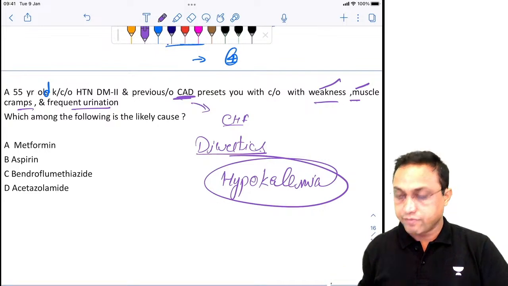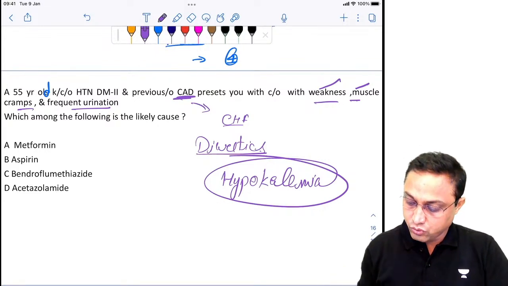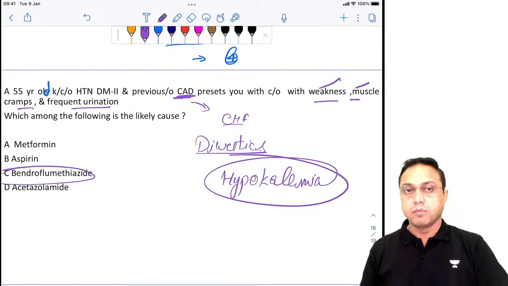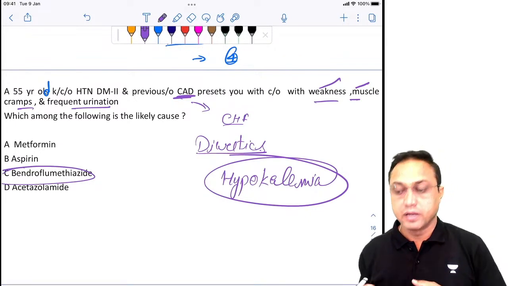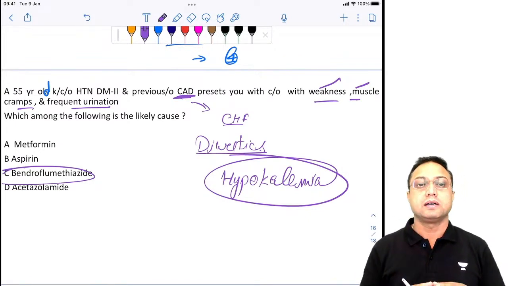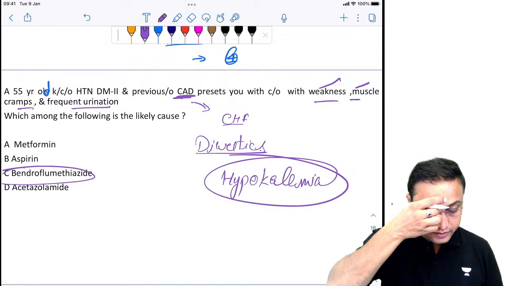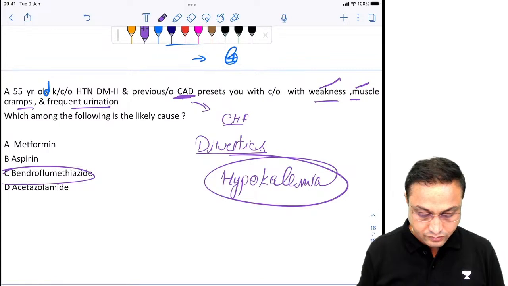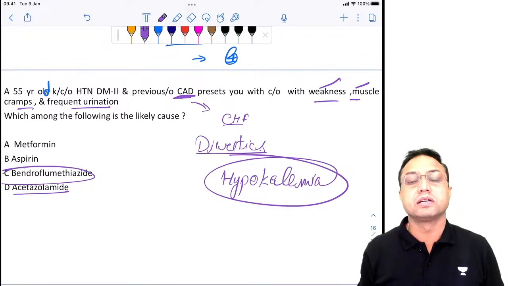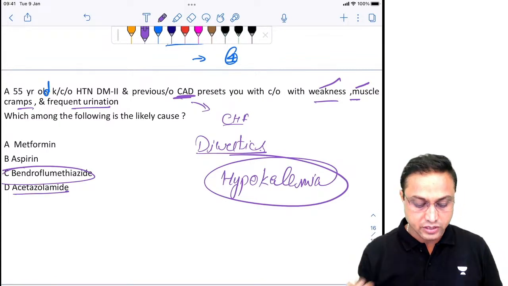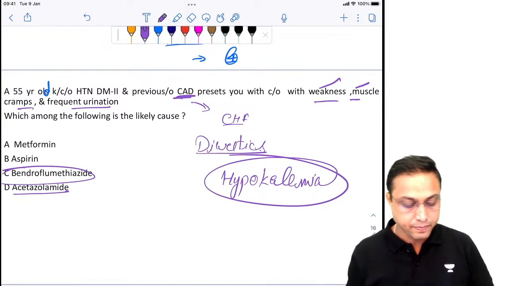Now guys, I have told you this patient has hypokalemia, and among all these options, the cause of hypokalemia is benzoflumethiazide, right? So this is the answer. Acetazolamide is basically associated with metabolic acidosis with a normal anion gap.